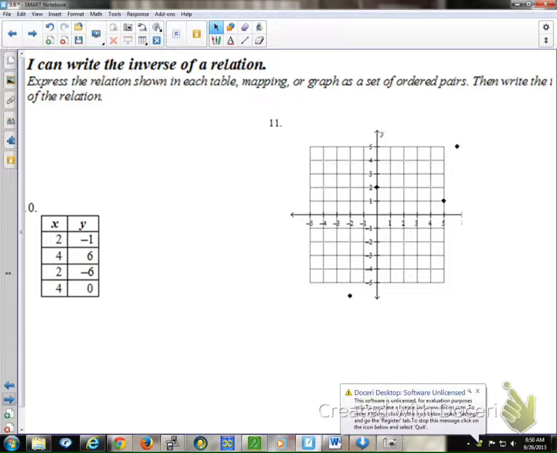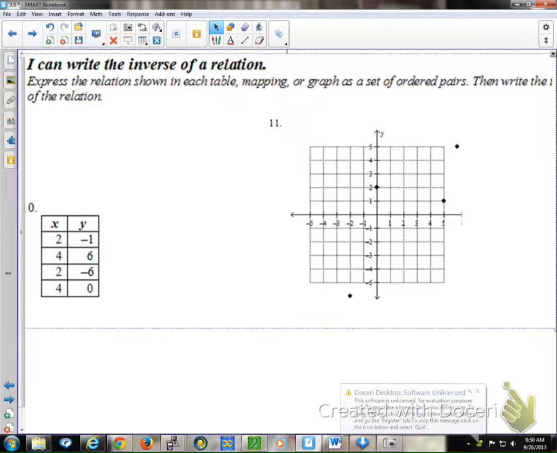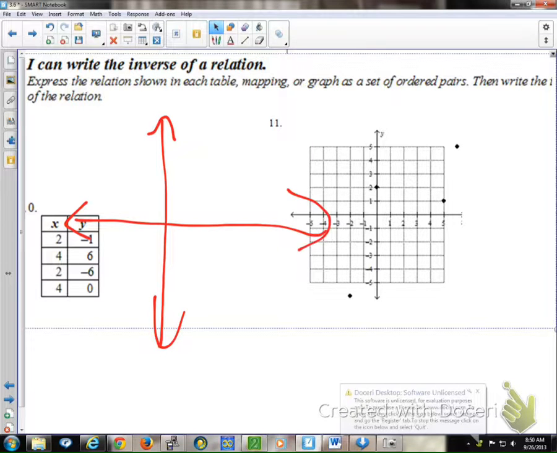So I'll tell you what we're going to do: I'm going to graph number 10 because it gives us the option of table, mapping, or graph. On the first one, I'm going to show you the inverse by graphing. Hopefully you'll see how the points are exact opposites of one another around a certain line.